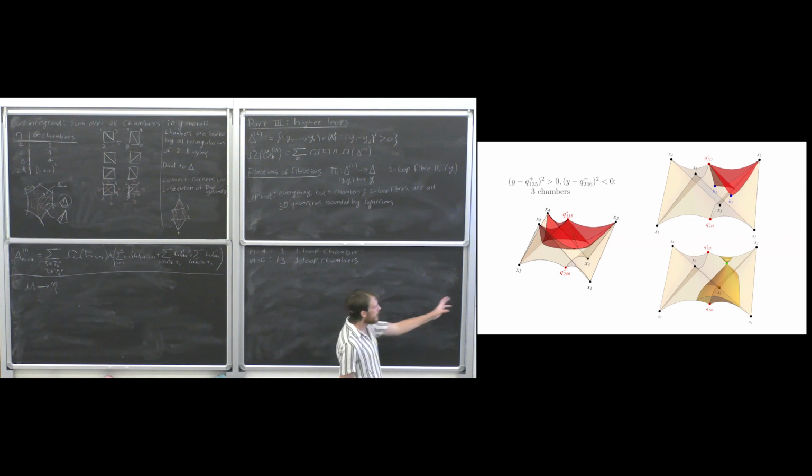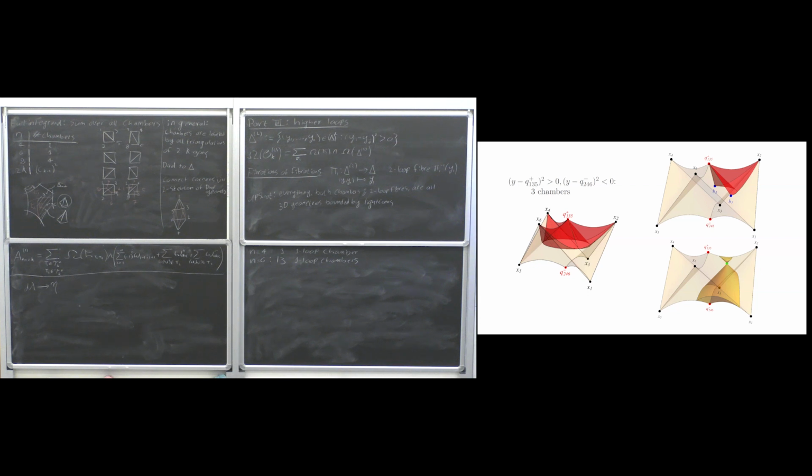Now, if we're outside of the light cone of q plus 135, but inside of the light cone of q minus 246, we find that there is 3 chambers. So that is this red region, which naturally splits up into these 3 chambers. That one times 3 rotations. And for a point inside that chamber, so the green point is inside that chamber, the fiber geometry of the negative geometry will look like this.